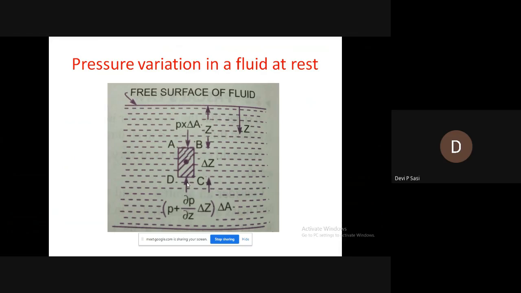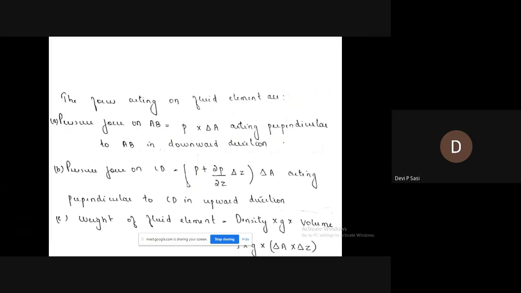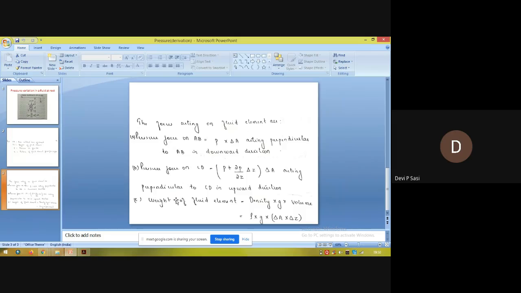Now we have to consider one more force, that is the weight of the fluid element. The third force is the weight of the fluid element. So first is the pressure force on AB, second is the pressure force on CD, and third is the weight of the fluid element. Weight can be represented as mg.